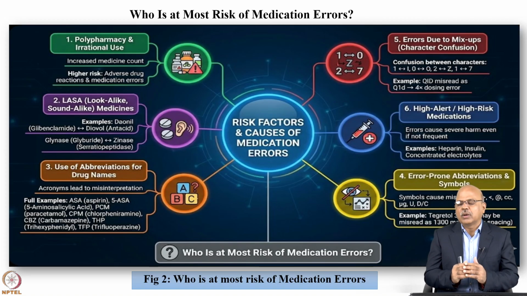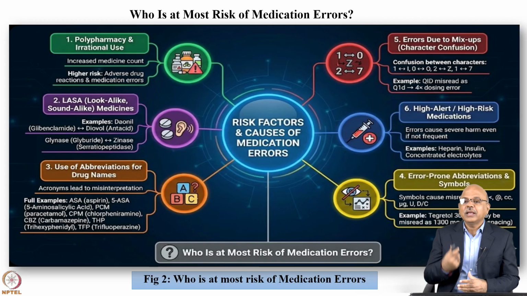Many times when a clinician or physician is writing, they need to be very clear about what they are writing. QID can be misread as Q1D or 4 leading to dosing errors. So your prescription is very important as an indicative way of representing how you expect the patient, the pharmacist, or the nurses to give this medication.